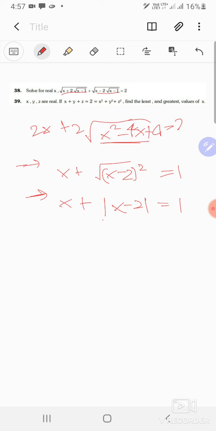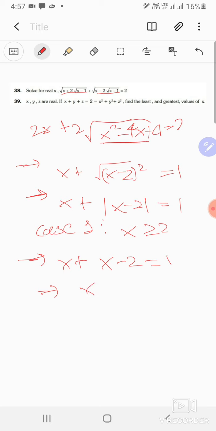Fine, what do we do with that now? First of all, you make two cases. Case 1, x is greater than or equal to 2. That gives me x plus x minus 2 equals 1. So that gives me x equals to, wait, is this really 1? No, it's supposed to be equal to 4.